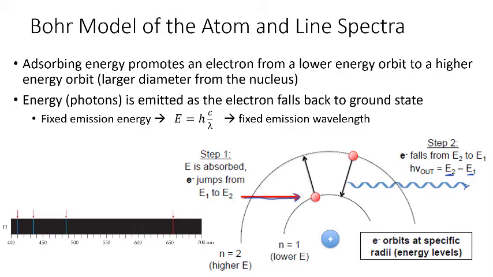This is just a slide of the drawing that I just drew on the board. We are exciting an electron by putting in energy from a lower state to a higher state, and then as the electron falls back down, it emits energy. Each of those allowed transitions will show up on our line spectra.